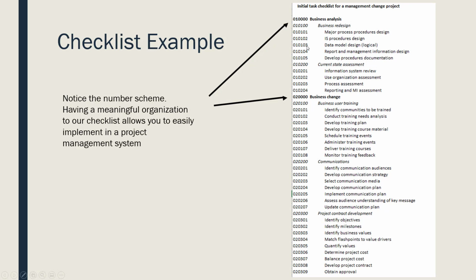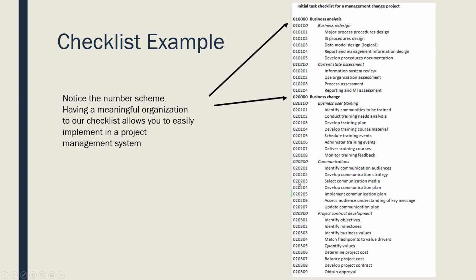So 101, 2, 3, 4, 5, right? And then we're still in the business analysis, but we're doing a different sub area. So that's a 200 level. So 201, 202, right? And then we're looking at business change, and that begins with the 02 with the zeros. And then same thing, 100, 200, 300, and then all of the subtasks under there.